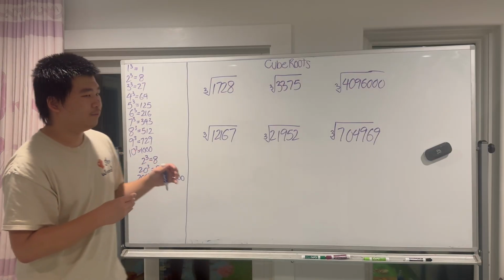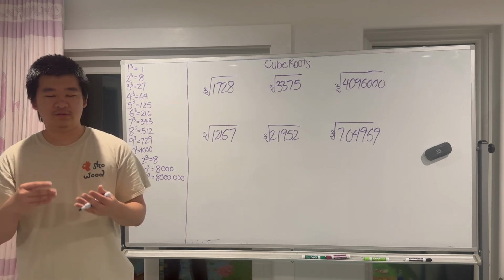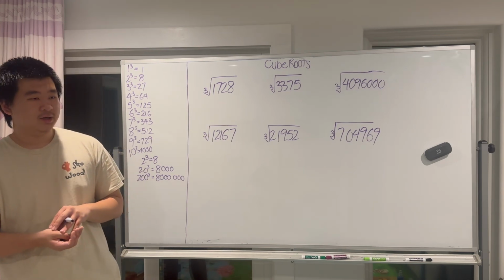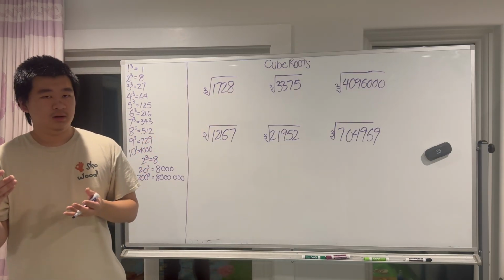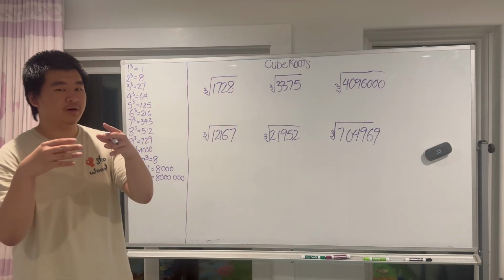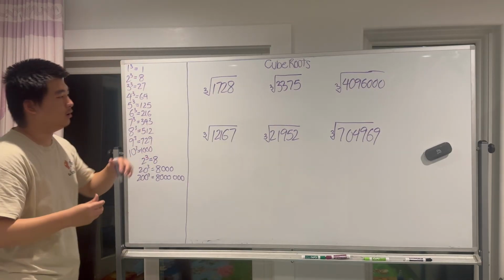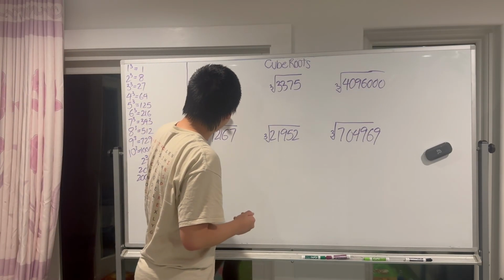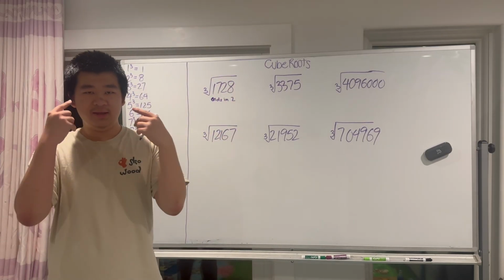The cube root of 1,728. Our first step should, of course, be to look at the units digit. We see that it's an 8, so what does that tell us? It tells us that the units digit of our answer should be a 2. So let's make a mental note: ends in 2. Of course, you won't be writing this on the actual test, but you'll be thinking it in your head.